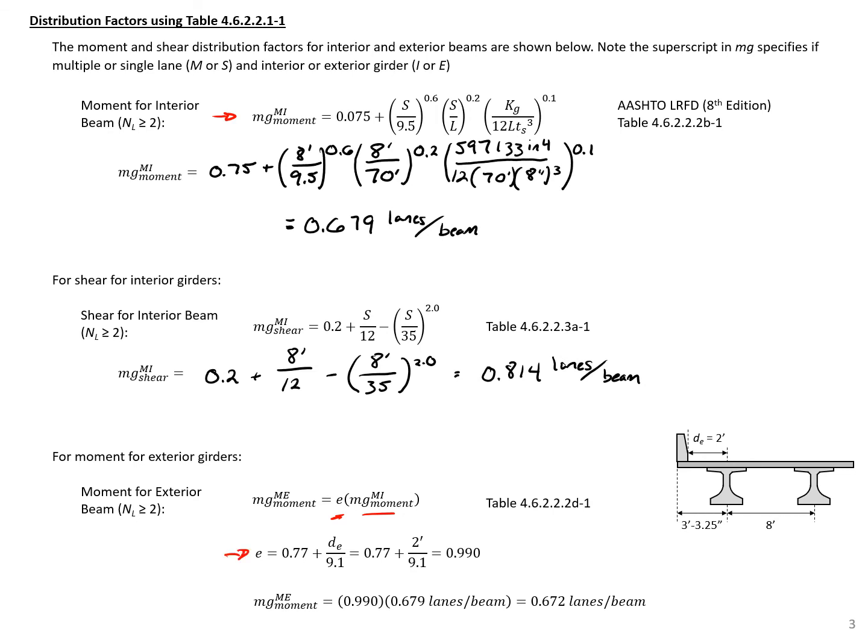So our E is equal to 0.77 plus D sub E divided by 9.1, where D sub E we can find, as shown here, the distance between the inside of the barrier to the center line of our exterior girder. So we'll find our E to be equal to 0.990. So taking our 0.990 times our distribution factor we found before, we'll get a value here of 0.672 lanes per beam for our exterior beam.